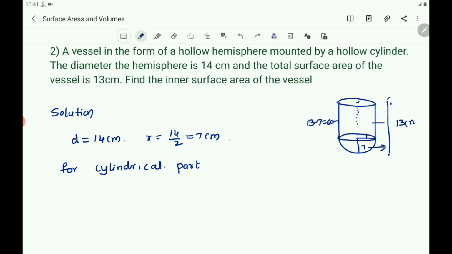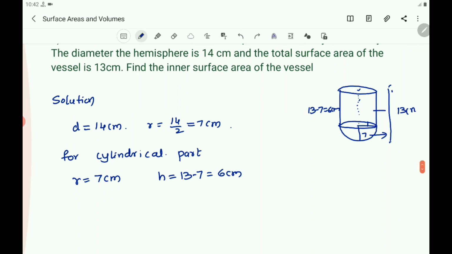Then the height of the cylinder becomes 13 minus 7 equals 6 centimeter. Why do you subtract 7 from 13? The total height of the vessel is 13 centimeter, and in that height we have to remove the hemispherical portion, so we subtract the radius of the hemispherical portion. Then you get H equals 6 centimeter.